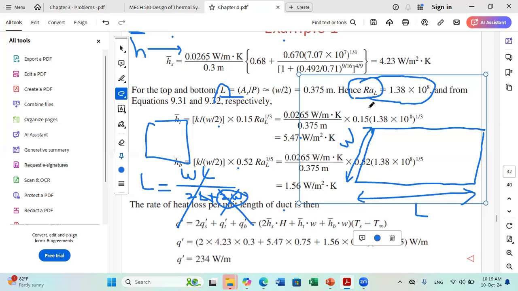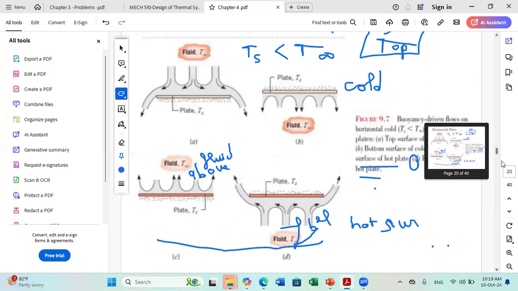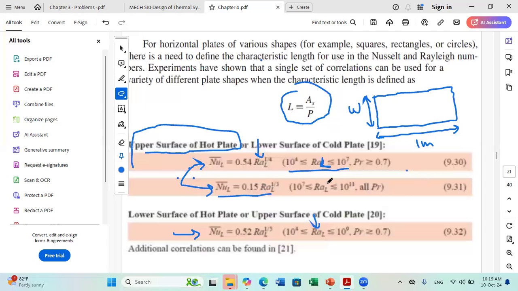So to know which formulas to use, I look at the Rayleigh value. It's nearly 1.4 times 10 to the power 8. I go to my slides, these slides, okay? 1.4 times 10 to the power 8. If I have the surface, I am in the case of hot plate, okay? I want first the lower surface of hot plate.